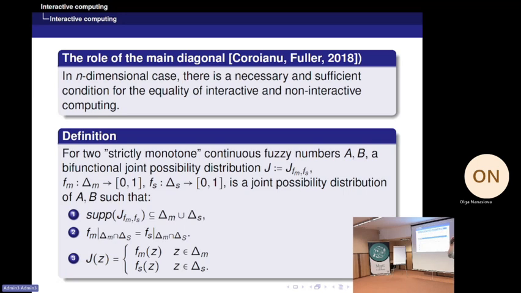I mean that we take fuzzy numbers which are continuous but don't have pieces of monotonicity. So we take a joint possibility distribution of those two numbers. In fact, the support of the joint possibility distribution is on the diagonals, and those one-dimensional maps just define the values of this joint possibility distribution.